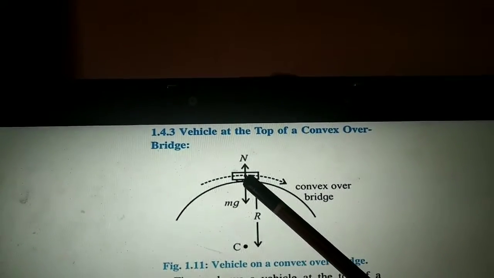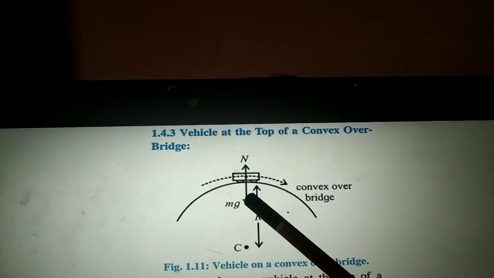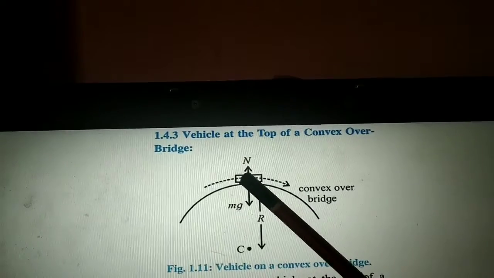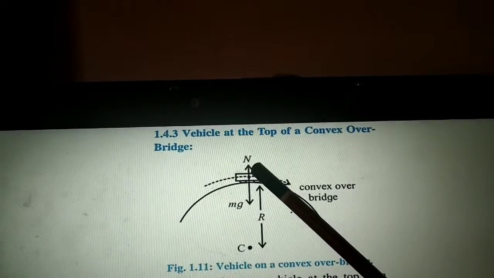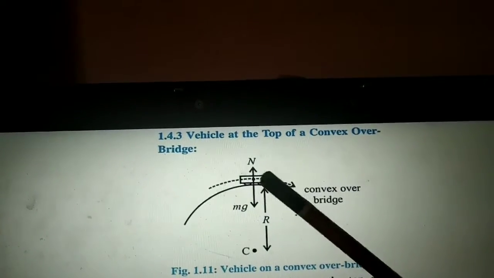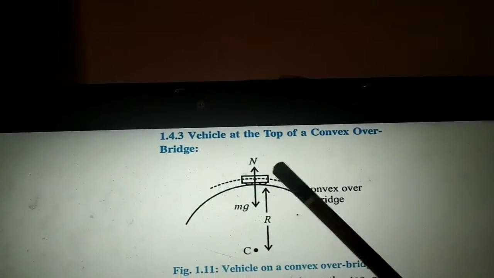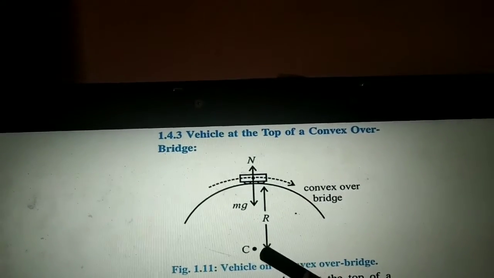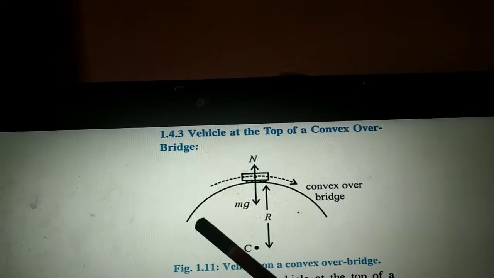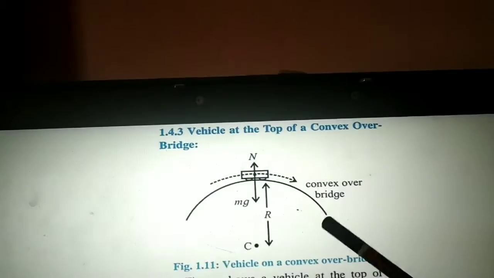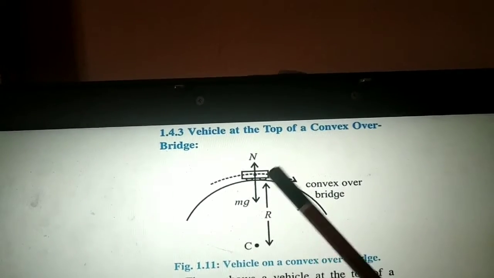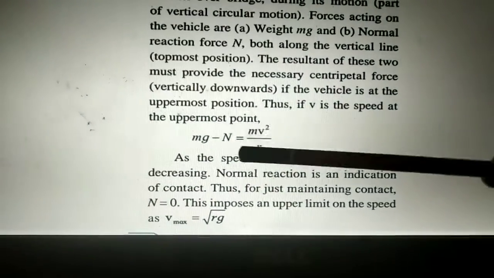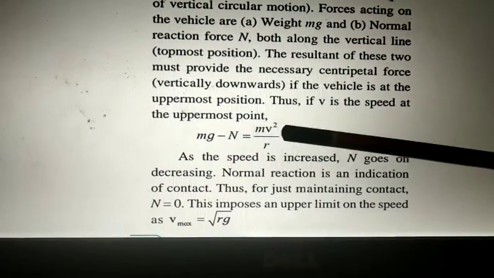The other, by Newton's third law, is the normal reaction, which is at the point of contact and vertically upward. These two forces form the resultant force and provide the necessary centripetal force for this circular motion. So the net force is given by this equation: mg minus N is equal to mv square upon r.